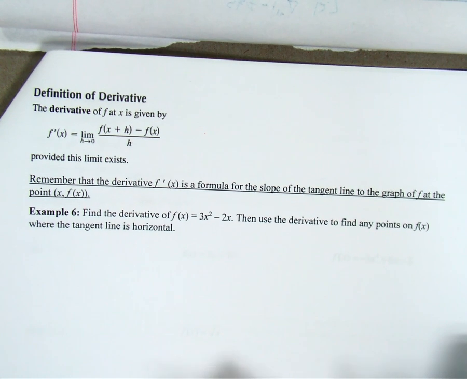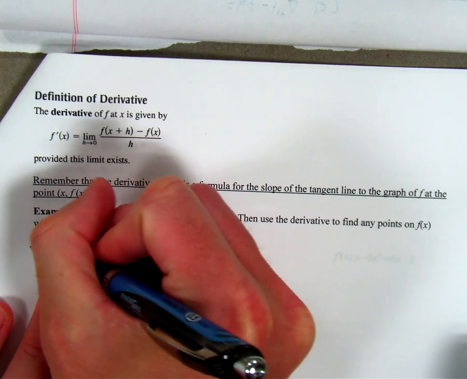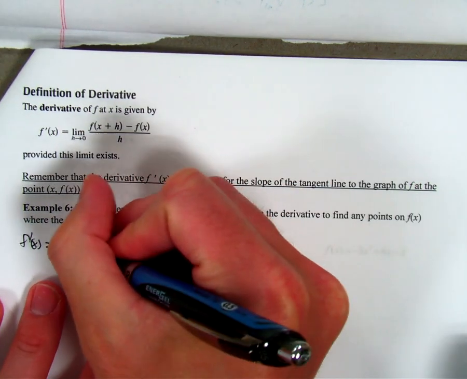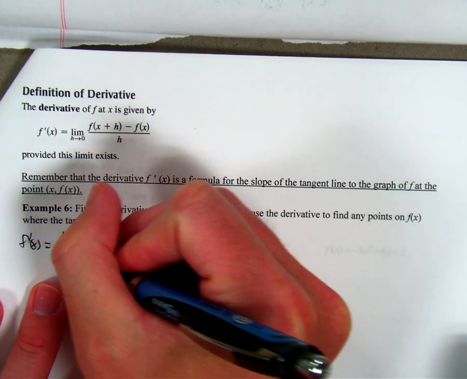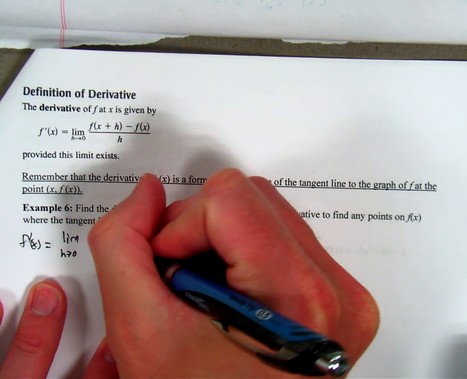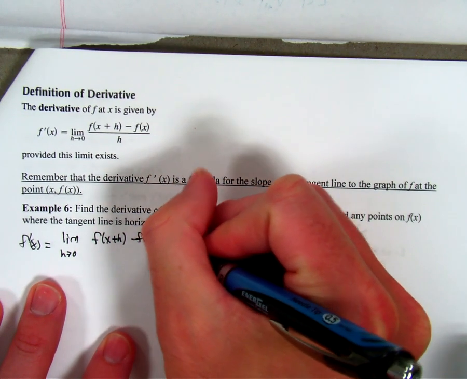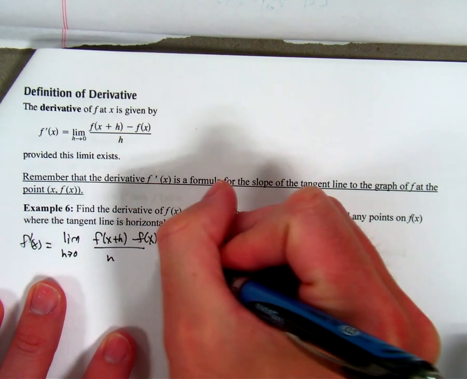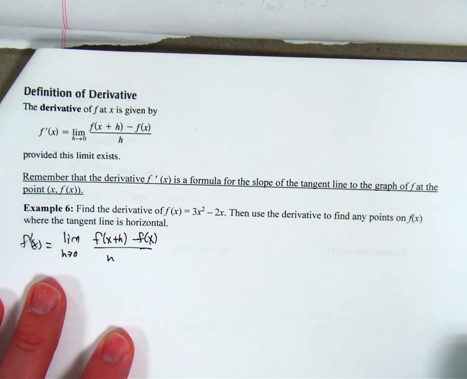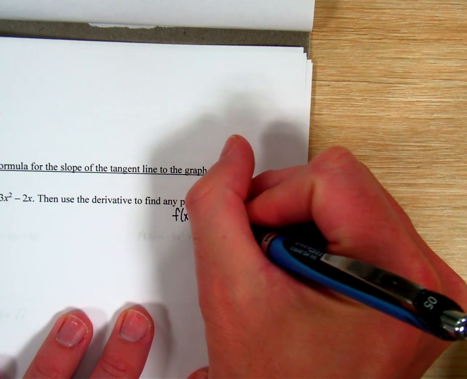Here we go. f prime of x equals the limit as h goes to 0 of f of x plus h minus f of x over h. Okay, a little scratch work over here on the side to find what f of x plus h is.